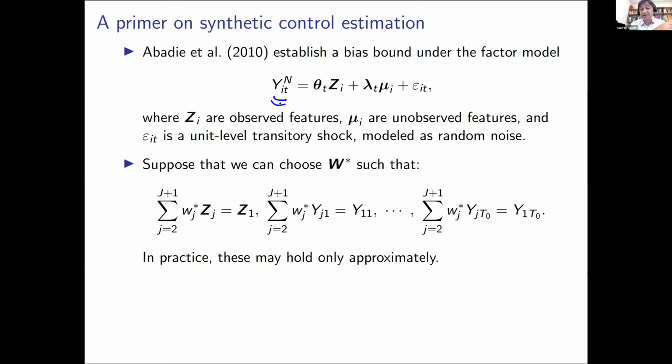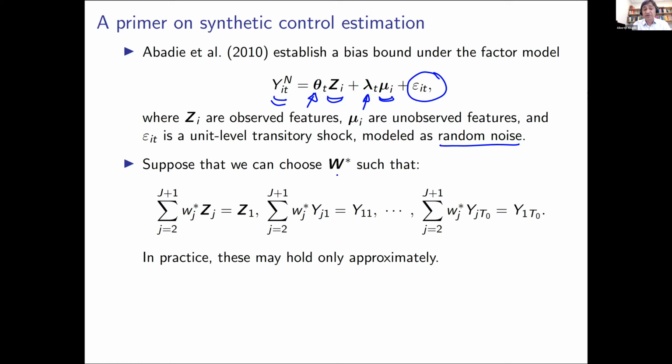And in this simple linear factor model, the outcome is going to depend on characteristics of the units that we observe and characteristics of the units that we don't observe. And they come with coefficients that vary with time arbitrarily. And also we have an individual transitory shock epsilon that we are going to model as random noise.